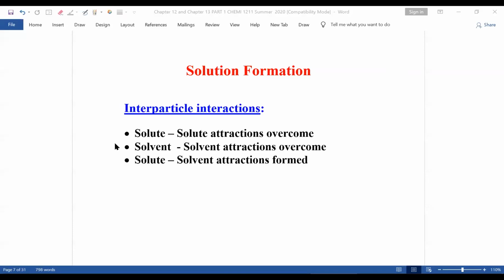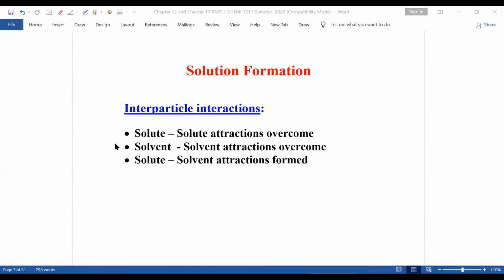All right, something I want to mention briefly. When you form a solution, you have, say, sodium chloride. When you look at table salt, that's sodium chloride held together by interactions. We call those polar interactions chemical bonds.